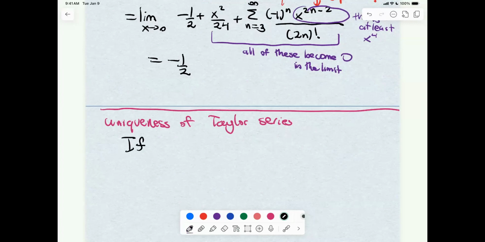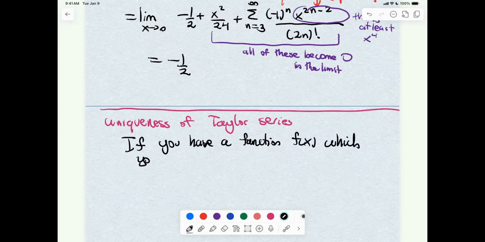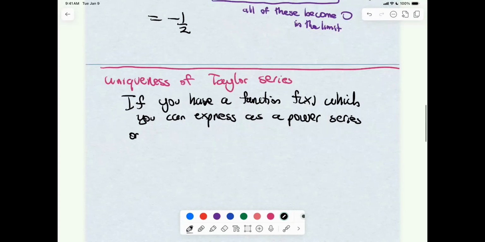Meaning that if you have a function and you can write it as a power series on some interval of convergence, right? Because remember, a power series usually only makes sense on an interval. If you have a function f of x which you can express as a power series on some interval.